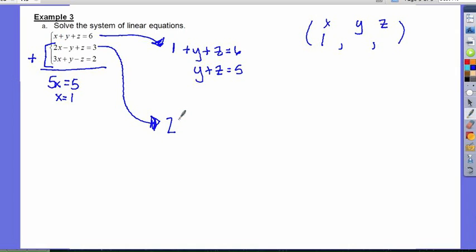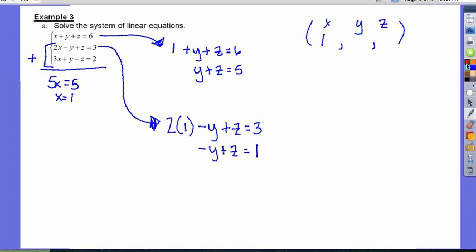So I'm going to do 2 times 1 minus y plus z equals 3. So this is going to be negative y plus z equals 2 times 1 is 2, and then you need to subtract that from 3, and you're going to get 1.